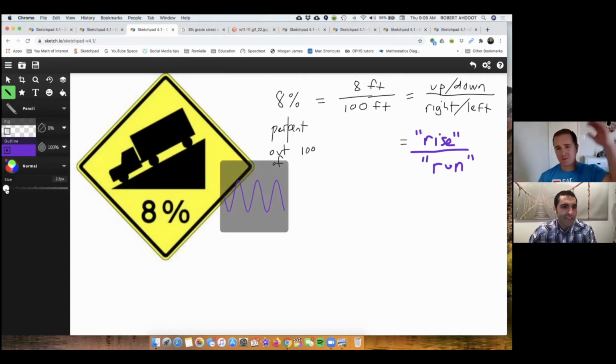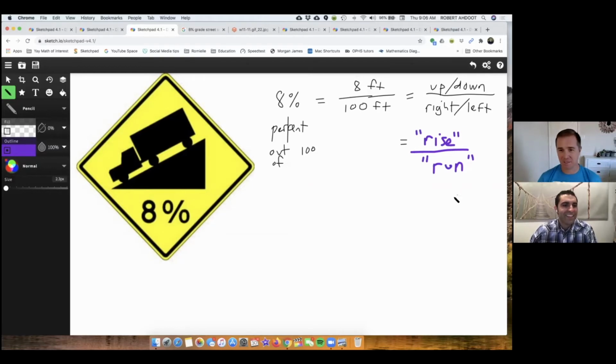I can connect this to vertical. I don't really rise horizontal. I don't know too many people that can run straight up. Spider-Man, yeah, runs up the wall. A fun thing I like to say also is that the rise is equivalent to the y's, in terms of y and x.